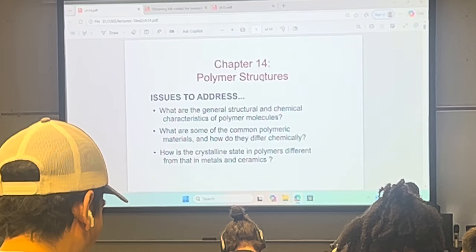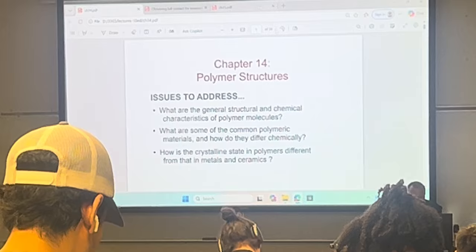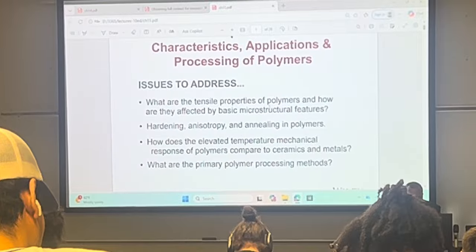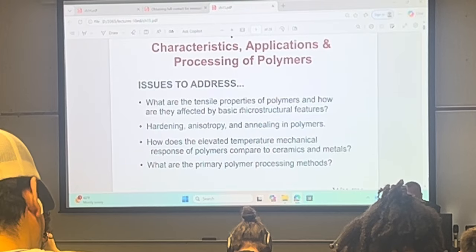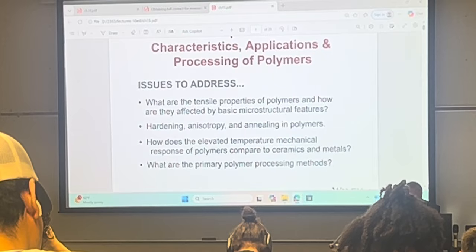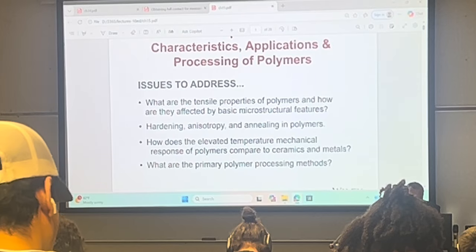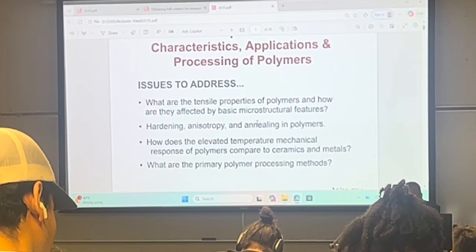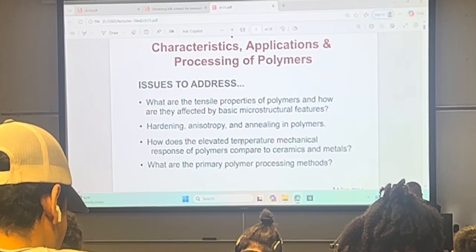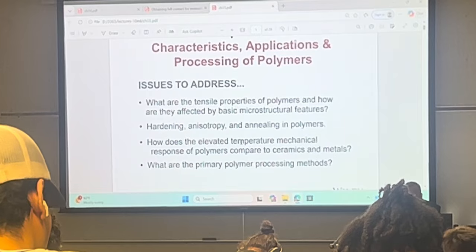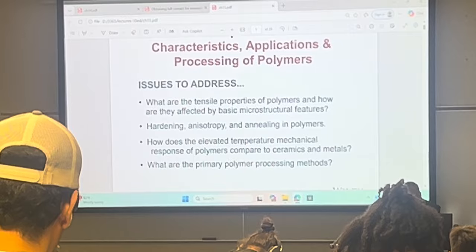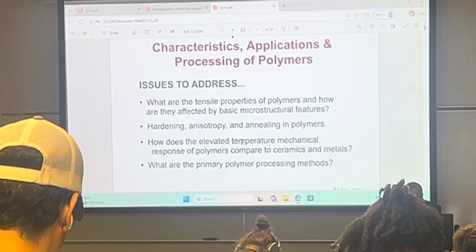To control the structure, to control the process, to control the structure, to control the properties, we can look at the characteristics, applications, and processing, and how they're tested in terms of their properties, how those properties are affected by microstructure, if there's any way to make them better, maybe they can be anisotropic, if we can do some sort of annealing, and how the temperature affects their properties compared to metals and ceramics, and how they can be processed.